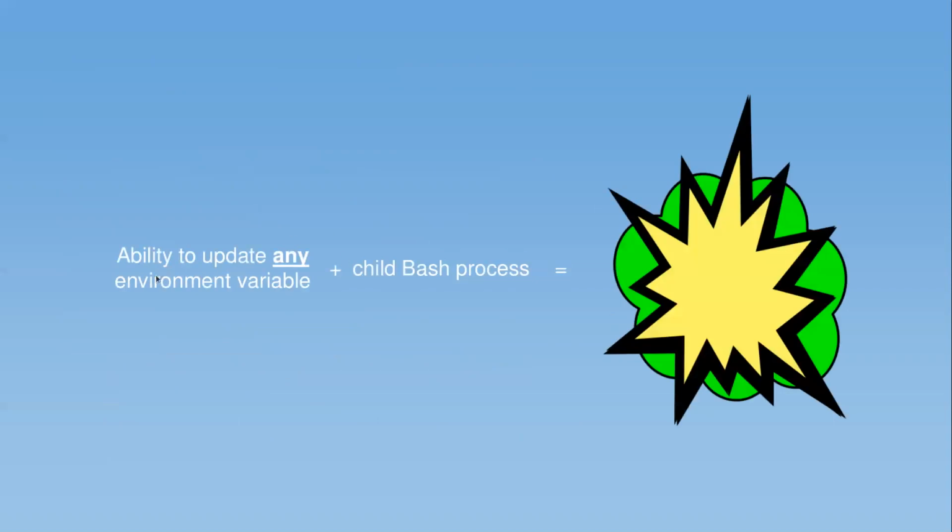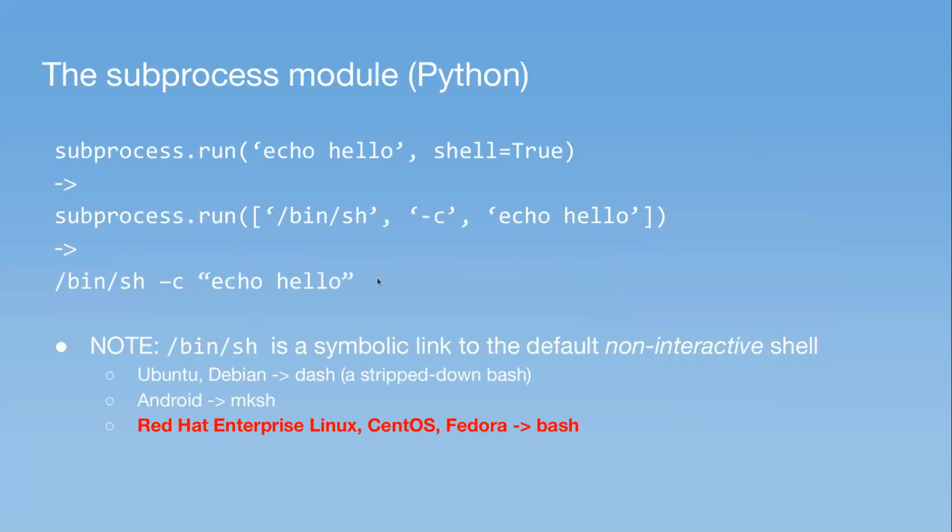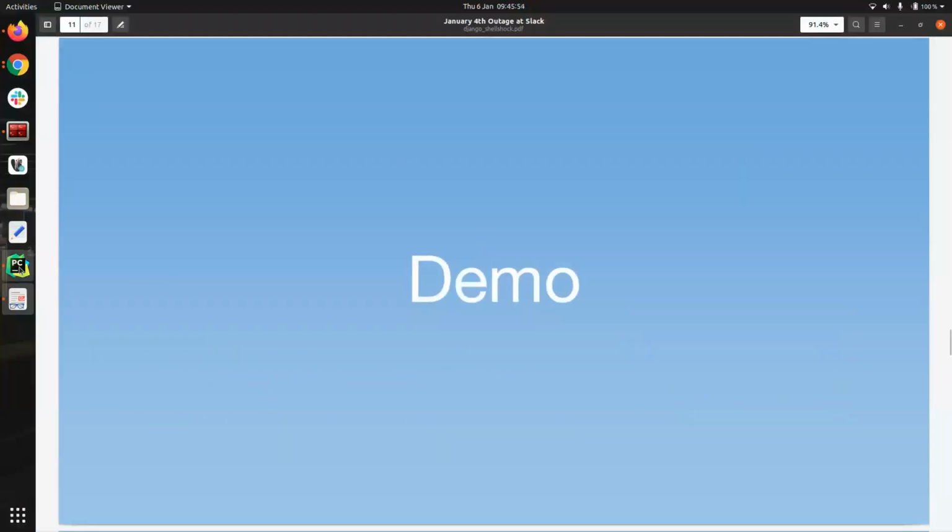Okay, so that's the background, and I just want to say, keep in mind this equation. As long as we can update any environment variable and a child bash process is created, we can use Shellshock just by setting the environment variable to have our evil command. So let's see this in action.